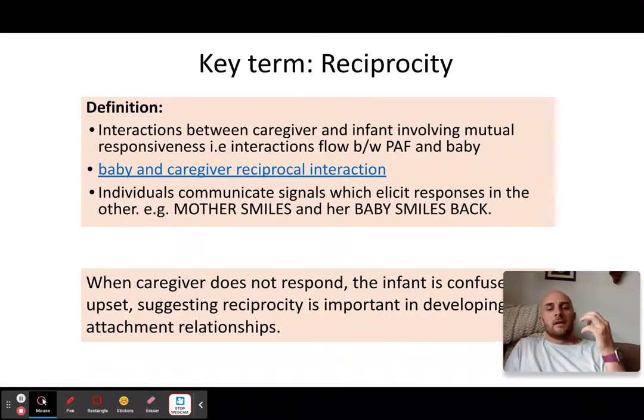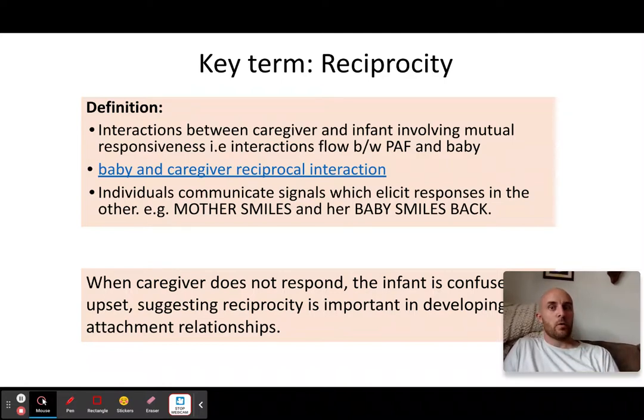So let's start with reciprocity, and to reciprocate something is to do something back to someone who's just done it to you. So if I were to, I don't know, give you a pen, you would take the pen and then you would reciprocate that action by giving it back to me, i.e., you don't do it at the same time.